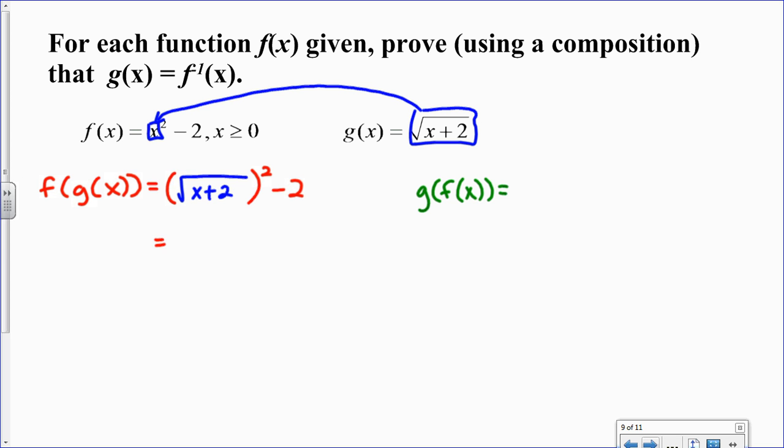When you square a square root, you get just what's underneath. And then positive 2 minus 2 is 0, so you get x. Okay, so that one, we're good. Now we go the other way and plug f of x into g of x.